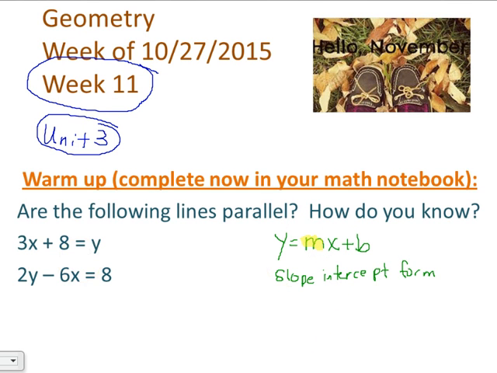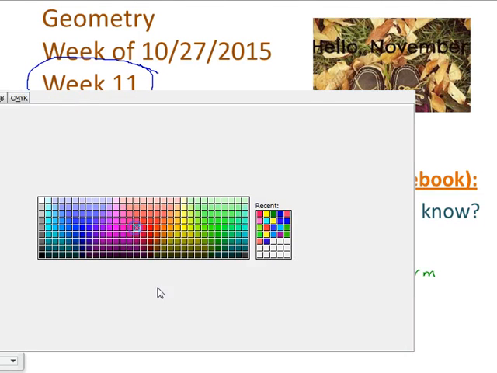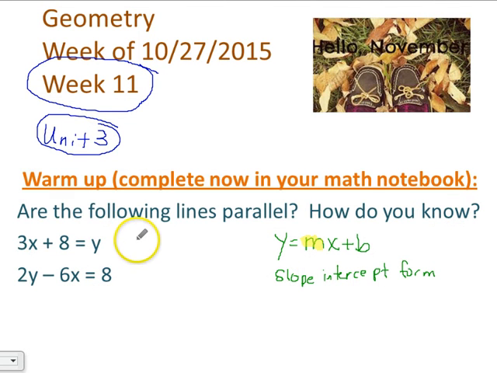So if we look back over at our two equations, that first equation is actually already written in slope-intercept form. I'm just going to rewrite it with the y in the front so that we can see that more easily. y equals 3x plus 8. So what would be the slope of this line? Remember, it's the m term, or the number that's being multiplied by x. So here we've got 3 being multiplied by x, so our slope is going to be 3.